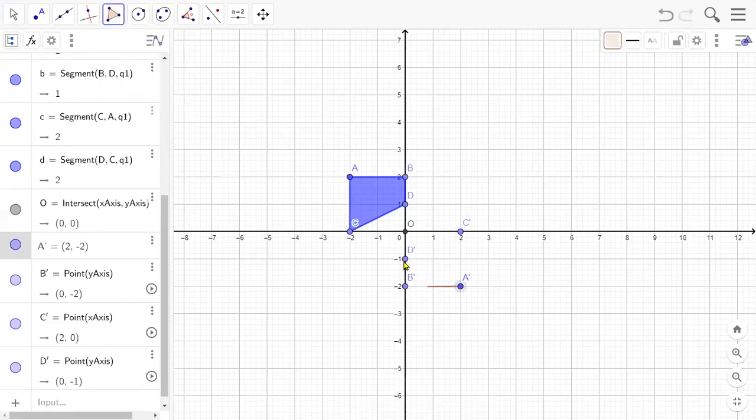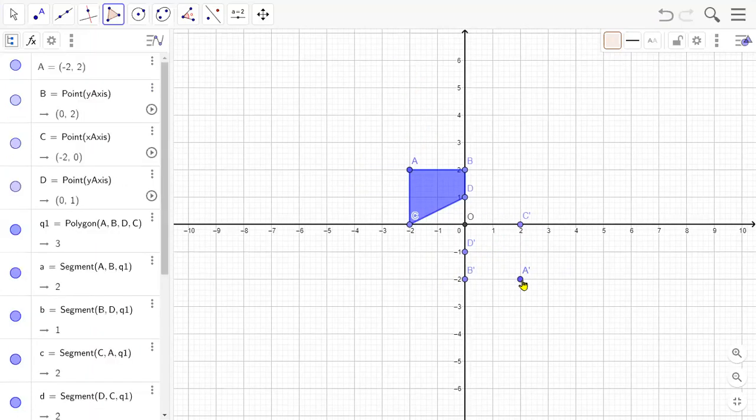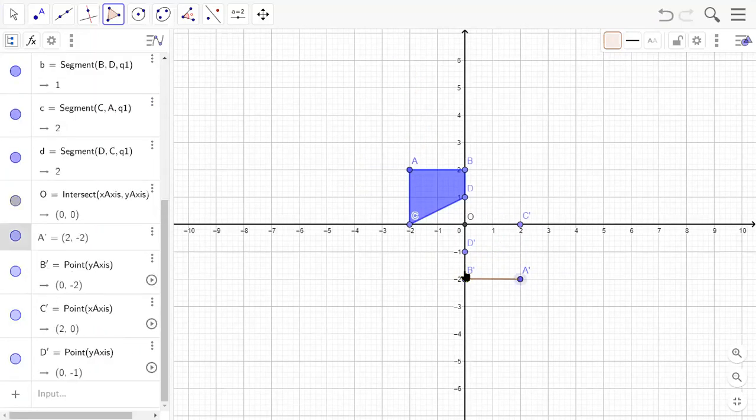and B and these. Let's connect like this. A and then this and then this and then this. Here the points are not properly connected.